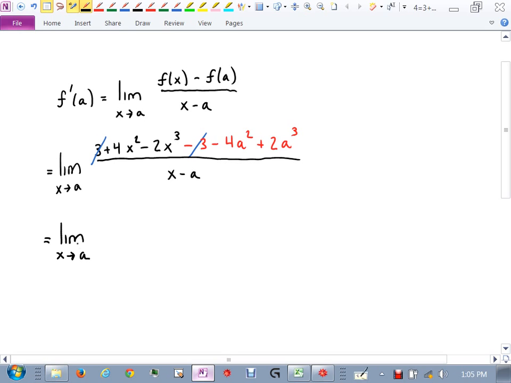But let's think about this. The idea is to get x minus a to cancel, right? So you really would like to have up here somewhere an x minus a that factors out.